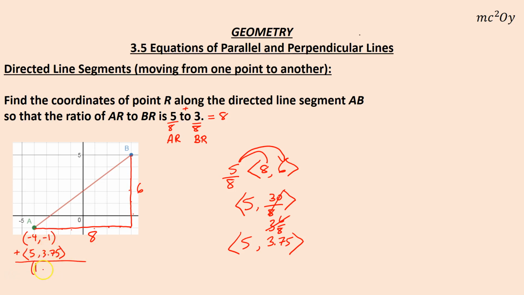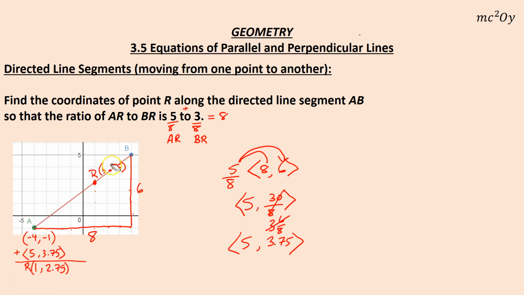And negative 1 and 3.75 is 2.75. My coordinate for point R is 1, 2.75. That is our coordinate.